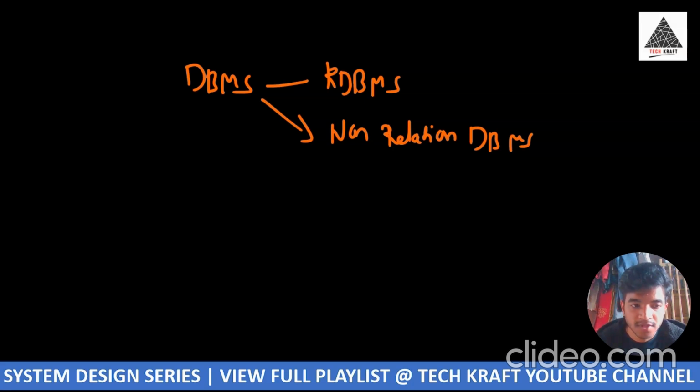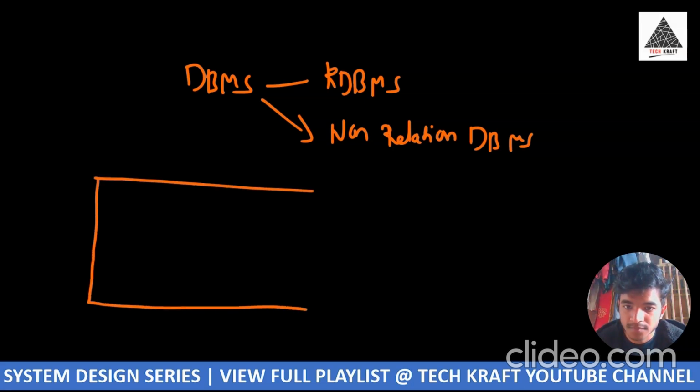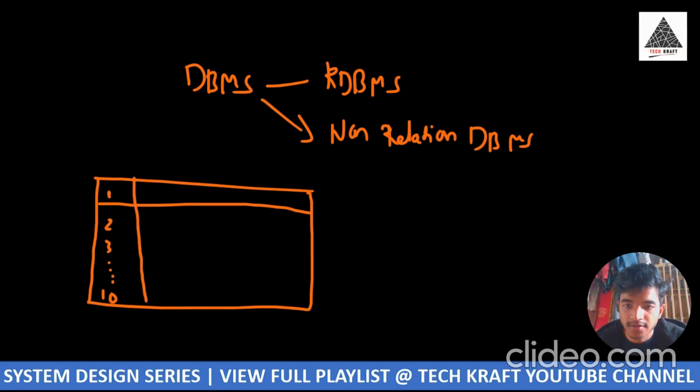Let's say there is a user database, with information about users in the form of tables. In this table we have information about 10 users, 1, 2, 3 and so on up to 10, in the form of rows and columns, right? This is a relational database management system.